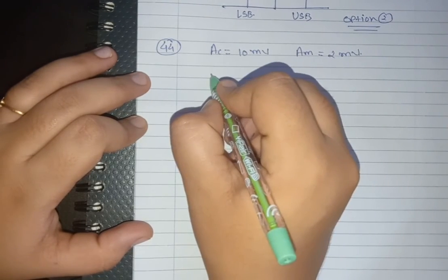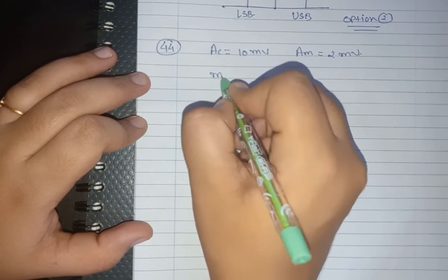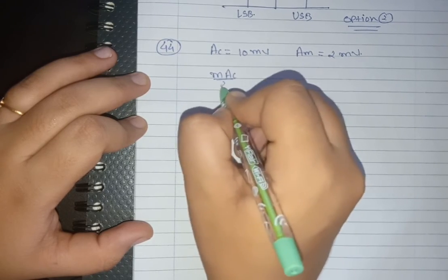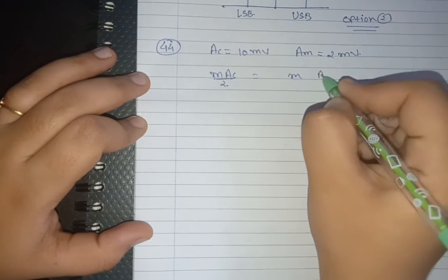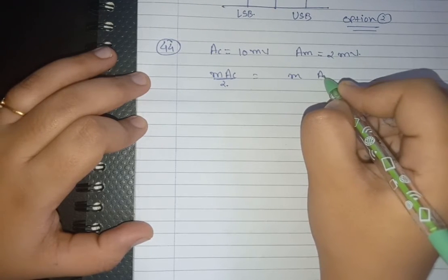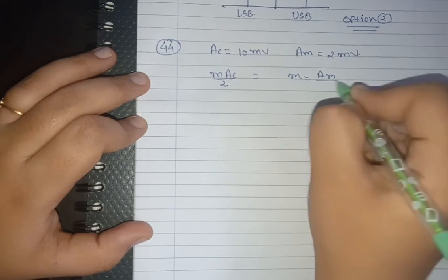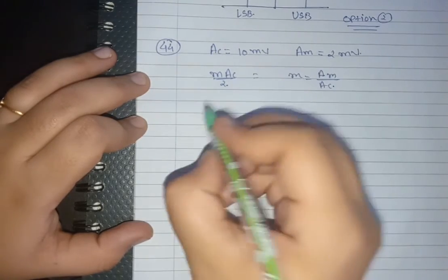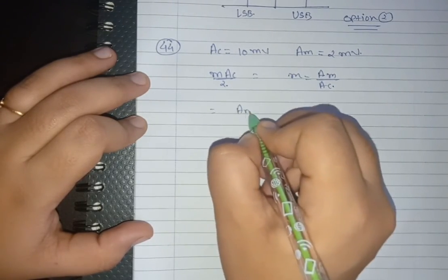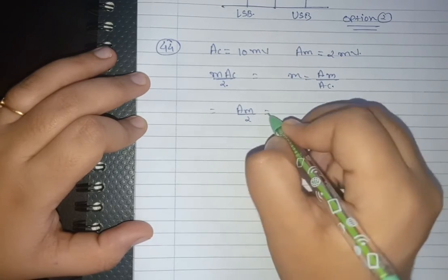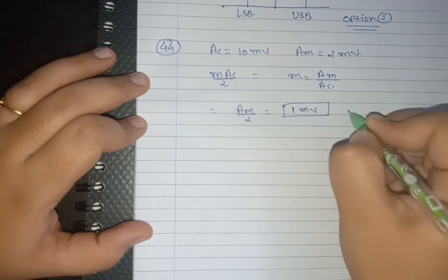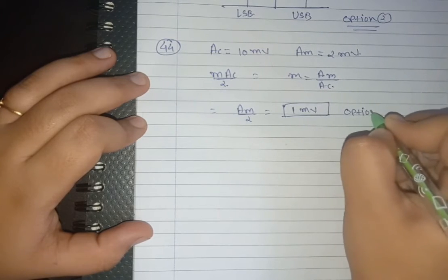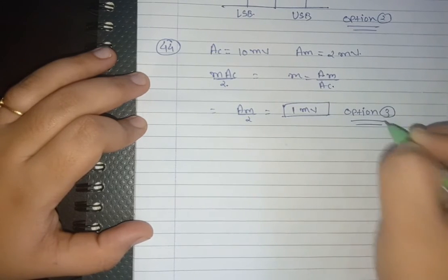The amplitude of LSF or USF is given by MAC by 2 and modulation index is given by AM by AC. Put this value in this equation. This will be AM by 2, that is equal to 1 millivolt. So option 3 is correct option.